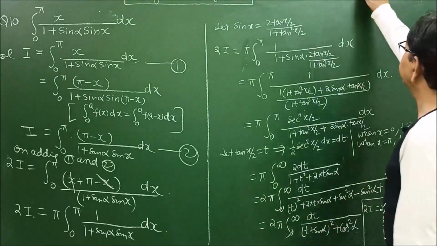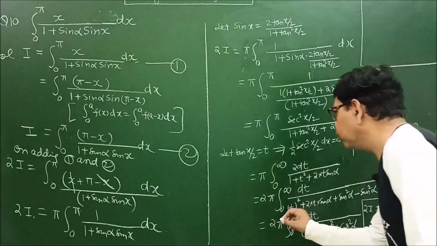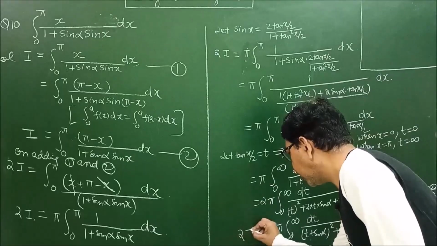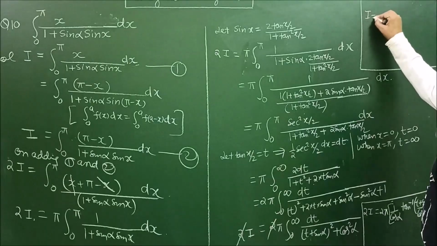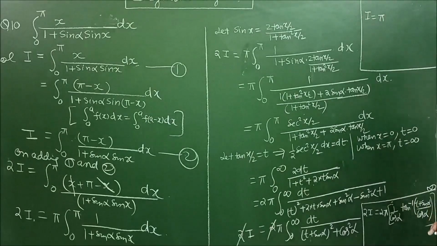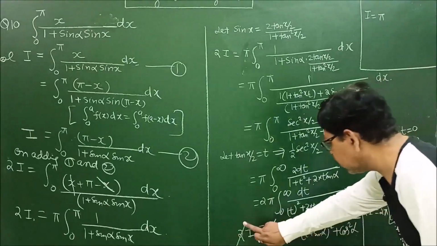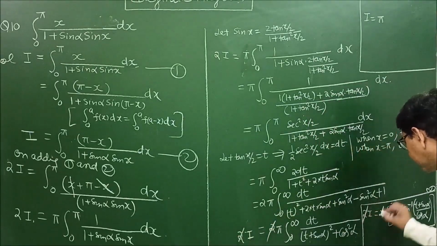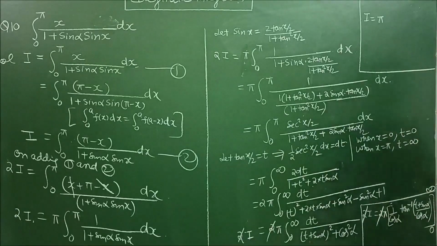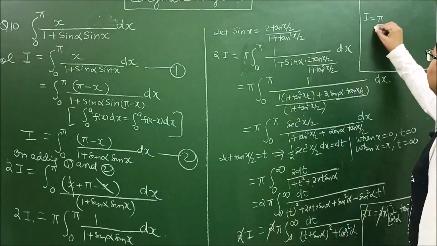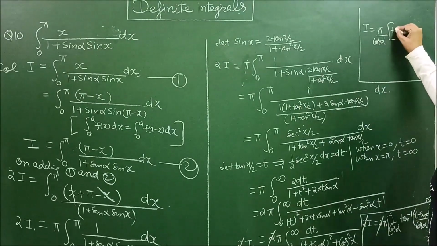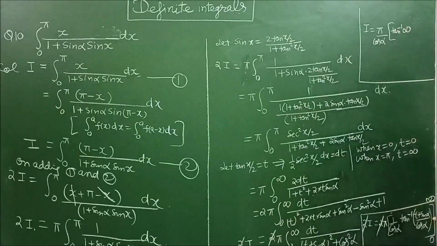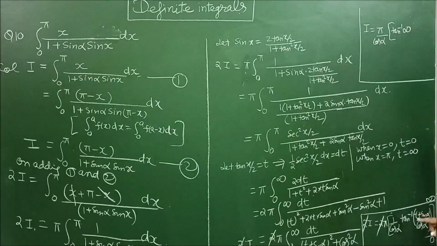So on further simplification, this is equal to 2I, so this 2 and 2 are cancelled here, and I is equal to pi times, first putting the value t equal to infinity. 1 upon cos alpha is a constant, we can take it out, and tan inverse of infinity plus something upon cos alpha, that is infinity.